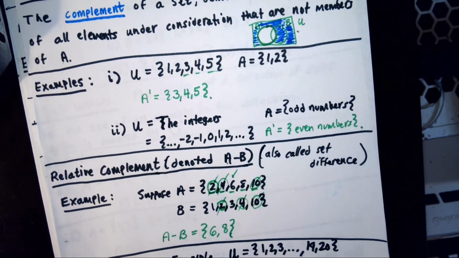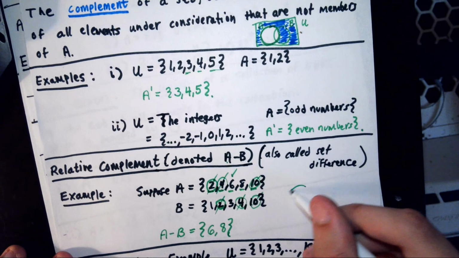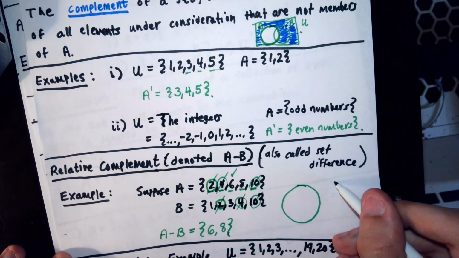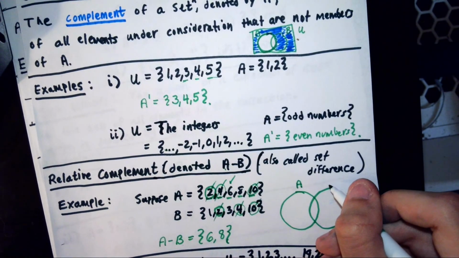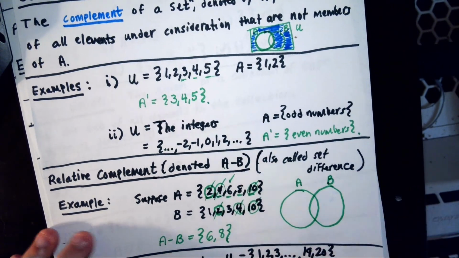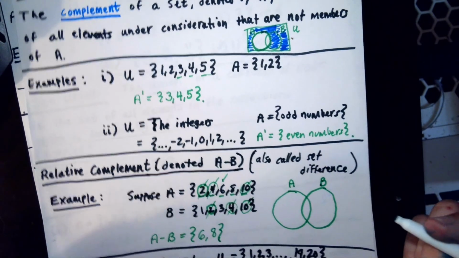So let's see what this looks like now with a Venn diagram. So basically, here's what we have. We've got the set A, we've got the set B, and remember what B contains.